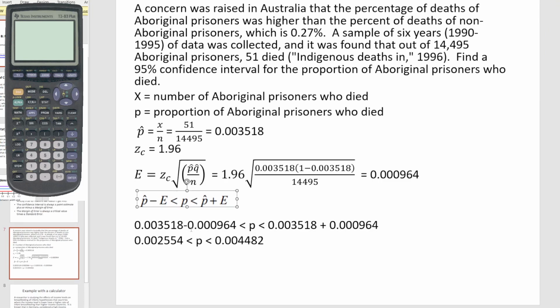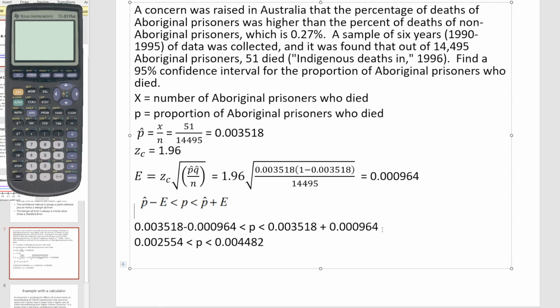So 0.003518 minus 0.000964 is less than p, which is less than 0.003518 plus 0.000964. And we get that the confidence interval is 0.002554 is less than p is less than 0.004482.